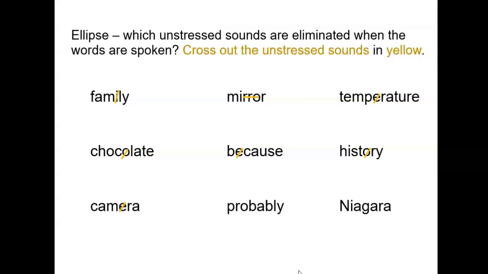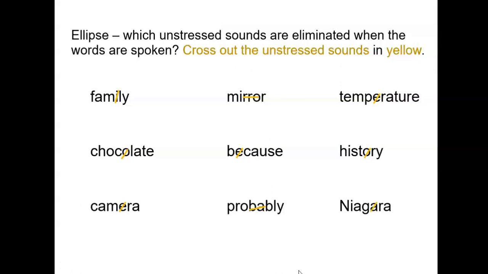This one's a little bit more difficult. We don't say probably. Well, some people do, but usually we just say probably. Yep. And the famous one, Niagara. Right.